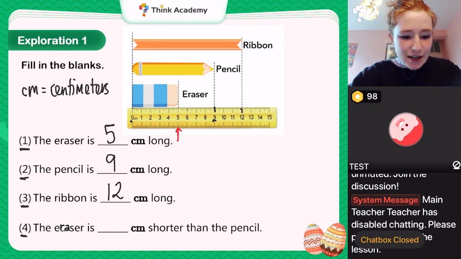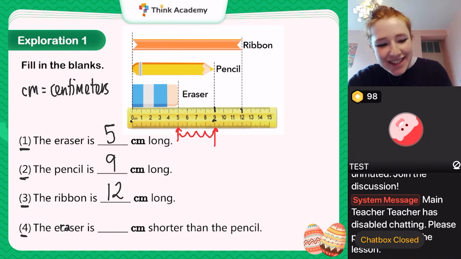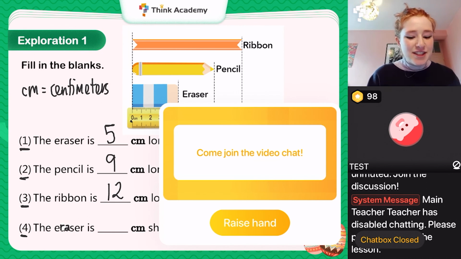It's right here, isn't it? We said it was 5. And we're also going to look at where our pencil is. And we're going to use our ruler and we're going to count 1 centimetre, 2 centimetres, and I'm going to draw it in, but I'm going to get one of you to tell me the answer if you can. How much smaller is our eraser than our pencil?